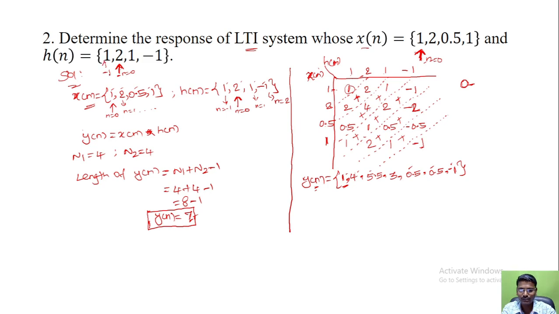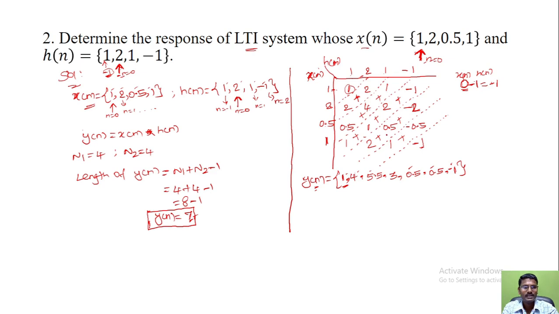So the sample starts from minus 1 here, and they have given the second sample as 0, but the actual signal starts from minus 1. So 0 minus 1, this is x of n and this is h of n, which gives minus 1 as the answer.